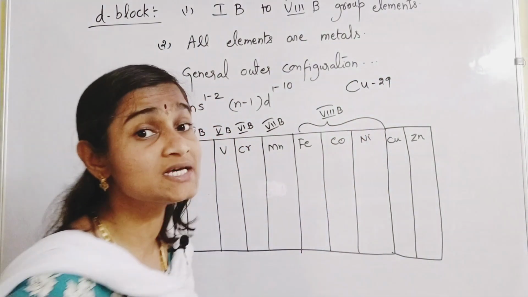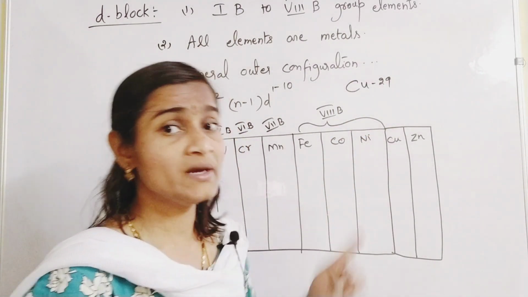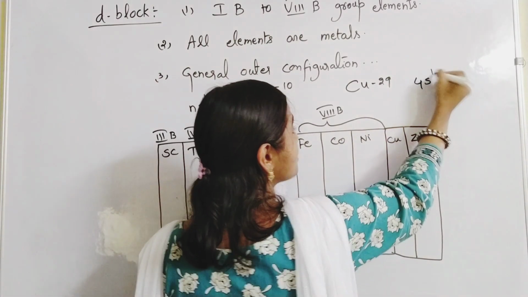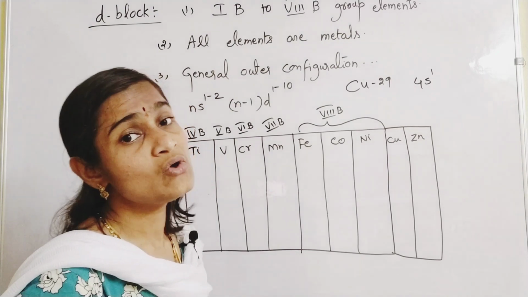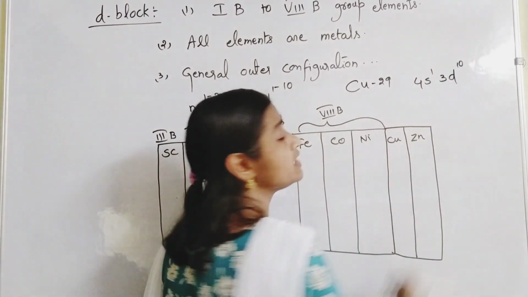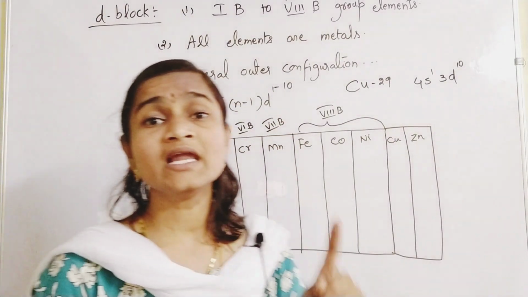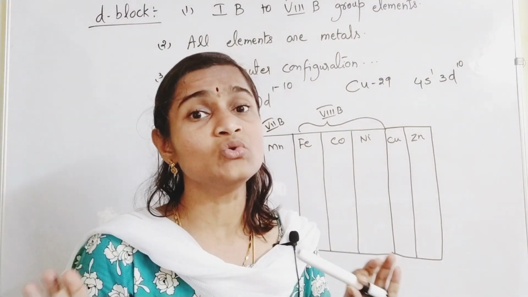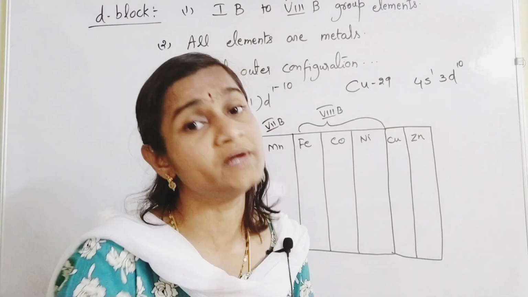Copper will have an anomalous configuration. Copper's atomic number is 29 and the last orbit configuration is 4s1 3d10. So here d electrons are completely filled, so don't count them to identify the group number.